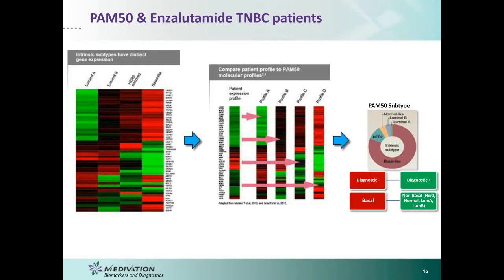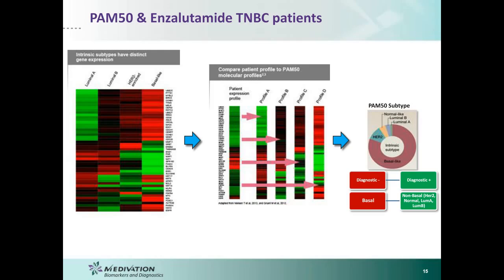So in our last attempt using known strategies, this is the PAM50-based classification technique that I discussed a little bit earlier. The 50 genes are shown on the left in a heat map, which demonstrates the profiles of the 4 tumor types of interest: luminal A, luminal B, HER2-enriched, and basal-like.